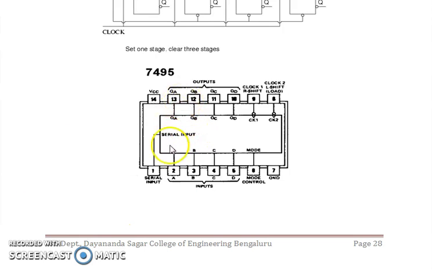It has 4 parallel inputs, then outputs. Then we have a mode control here. Serial input is there, ground, VCC. Then we have 2 clock pulses. If we give clock 1, it will enable right shift, and clock 2 is left shift. So this is the pinout diagram for 7495 IC.